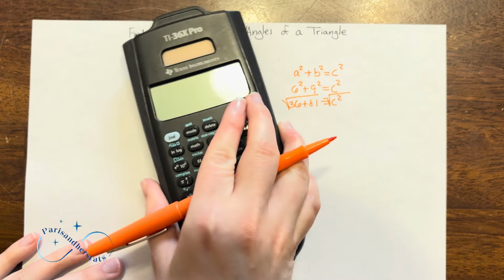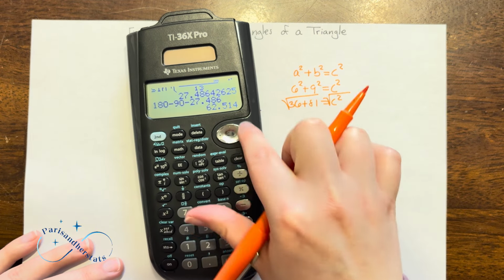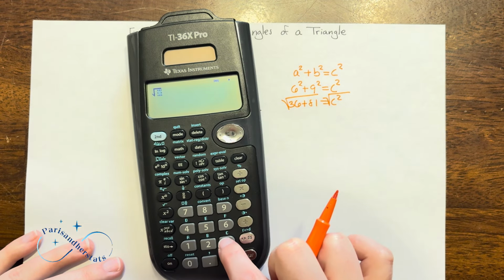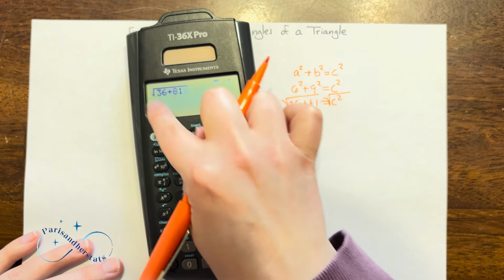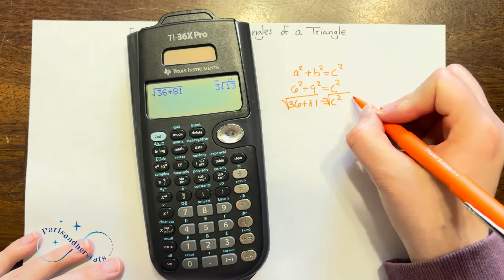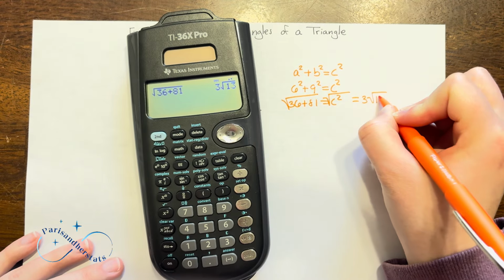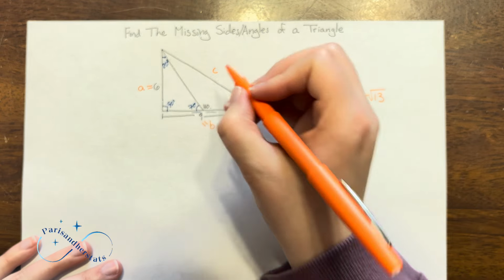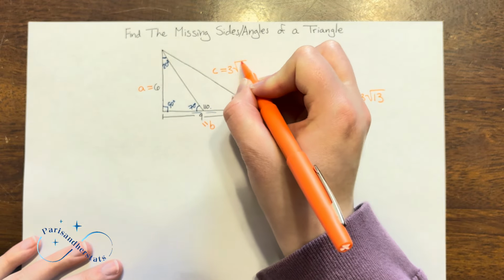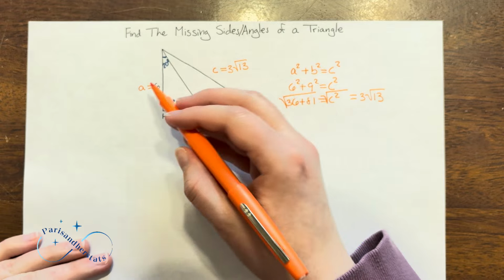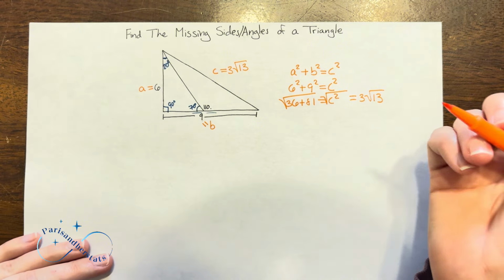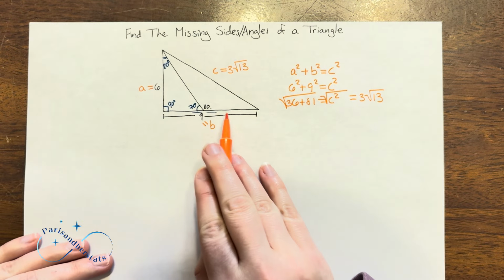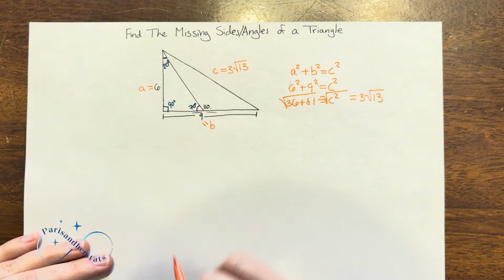We can plug this directly into the calculator to tell us that the square root of 36 plus 81 equals 3 root 13. That is going to be our side for the hypotenuse, 3 root 13. We now have all of the outer sides, but we still have an inner side, these two halves right here, as well as some angles.